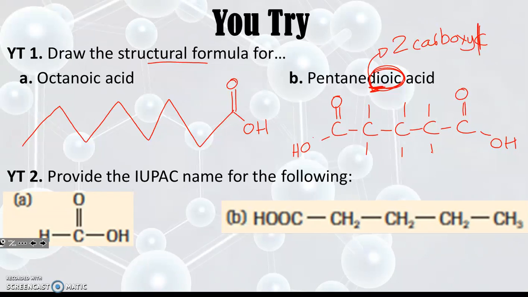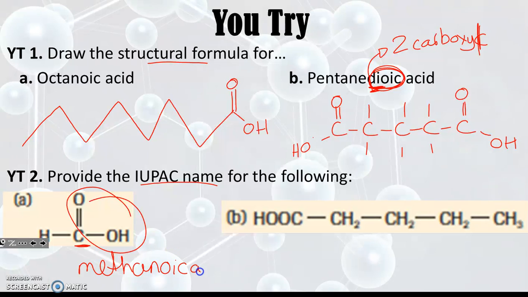For the second example you were supposed to try, all you need to do is provide the IUPAC name. This one here just has a single carbon bonded to a carboxyl group, so technically it's methane. I would get rid of the E at the end, and this becomes methanoic acid.